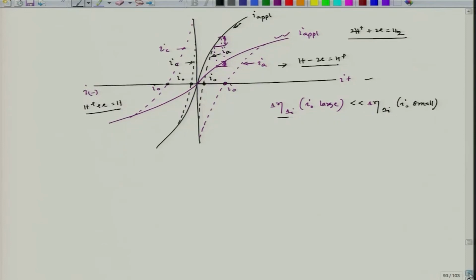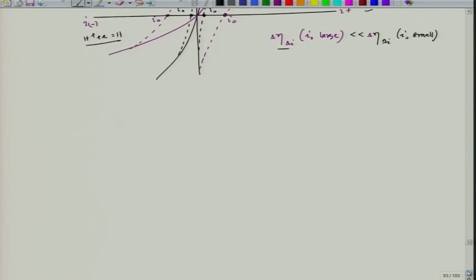So, let us see how we are doing it. Let us say this is the hydrogen equilibrium potential.